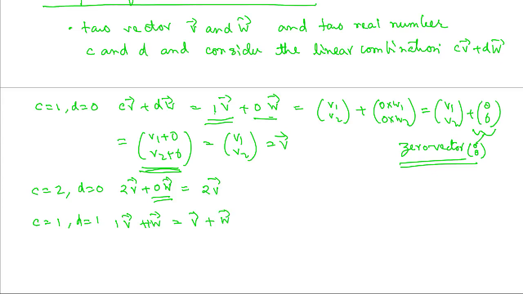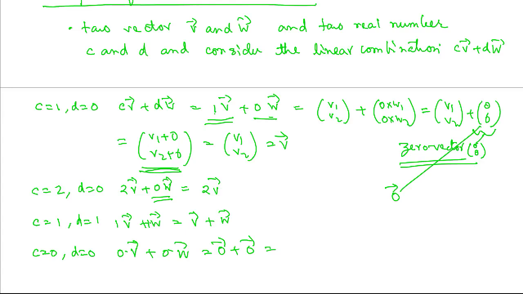Now let's talk about C equals 0, D equals 0. 0 times V plus 0 times W, and you have a 0 vector plus a 0 vector. We can denote this as the 0 vector. So 0 plus 0 is just the ordinary 0 vector.